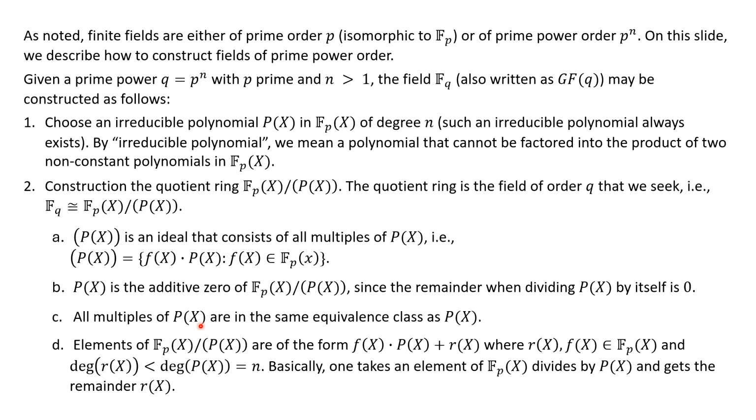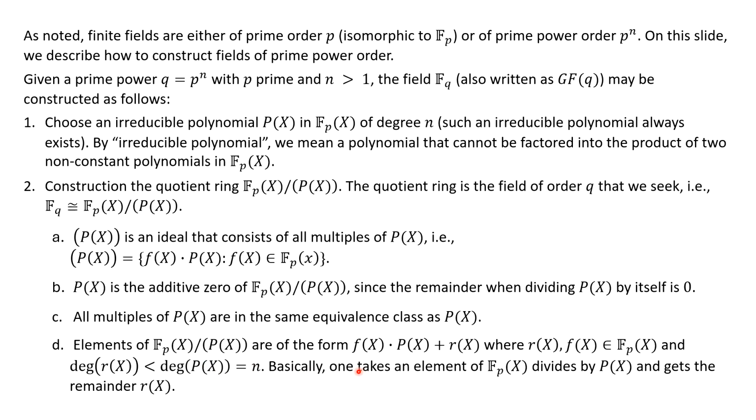All multiples of p(x) are in the same equivalence class as p(x). Elements of the quotient ring are of the form f(x) times p(x) plus a remainder r(x), where f(x) is in F_p[x], and the degree of r(x) is strictly less than the degree of p(x), which equals n.